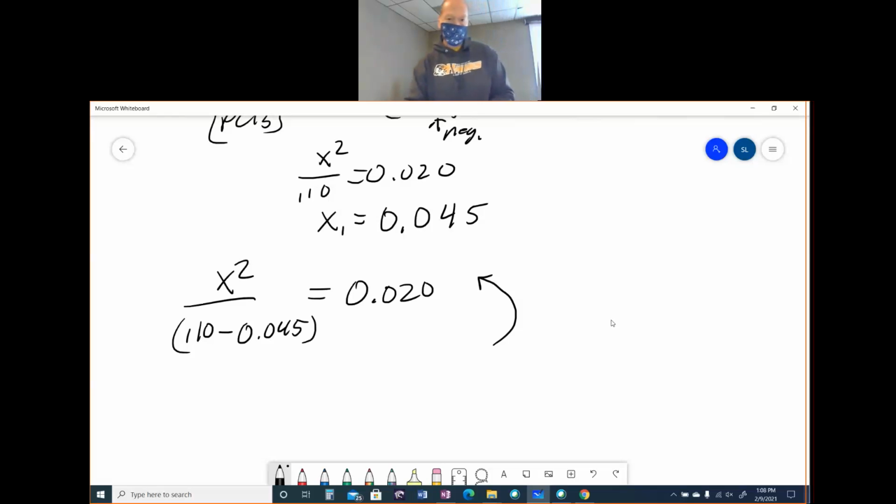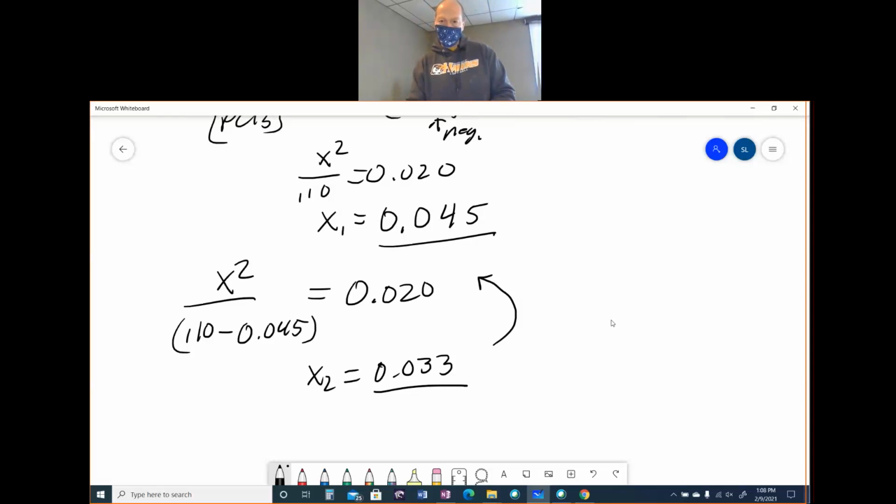If I don't clear out my calculator, I get an X2 value of 0.033. All right, so this is as high as the number can get. This is as low as the number can get. And so we're going to keep going until we get the same number twice.